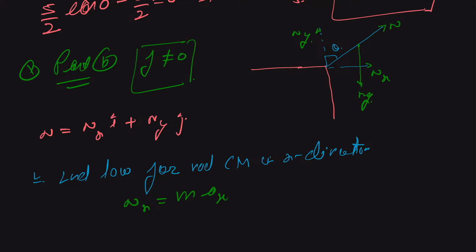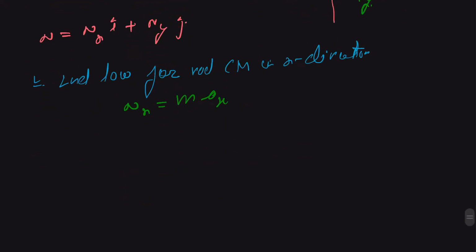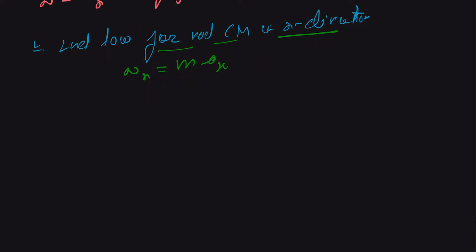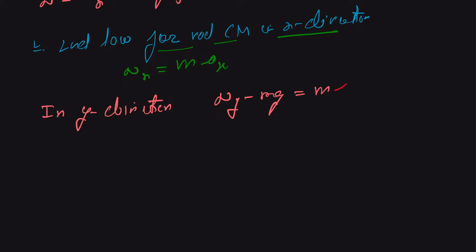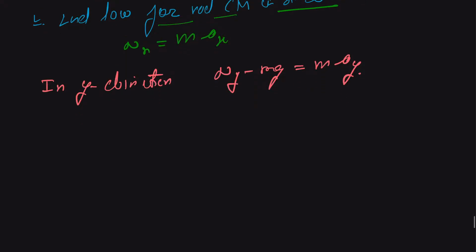So the net force will be Ny minus mg, and that is going to give us, similarly, Newton's law for center of mass in y direction. So in y direction we can write that N of y minus mg is equal to m a of y, where a of x as well as a of y are the accelerations of the center of mass along x as well as y axis.